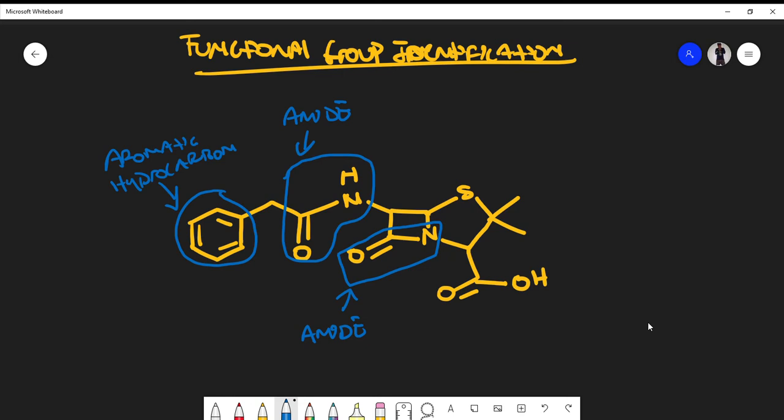But you should just know that anytime you see a double bonded oxygen and adjacent to it, you have a nitrogen, it doesn't matter if it has 1 hydrogen or 2, it's still an amide. Now, if you see a double bonded oxygen adjacent to a hydroxy group, or what we call an alcohol group, this is what we call a carboxylic acid. So this is a carboxylic acid functional group.